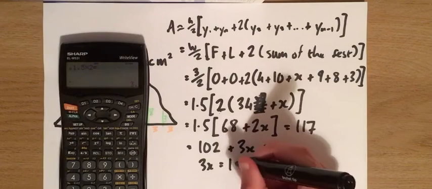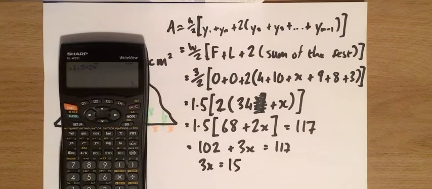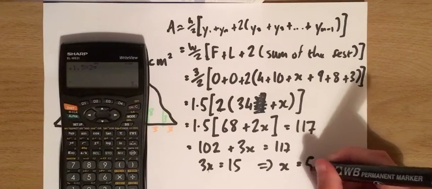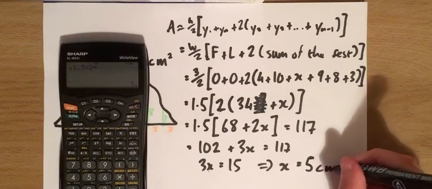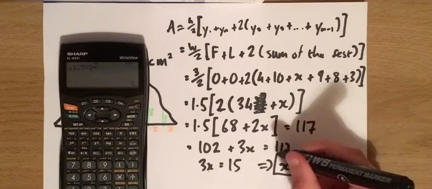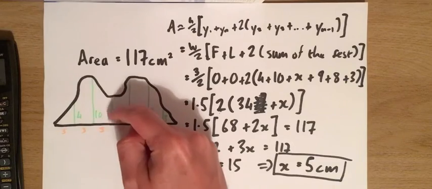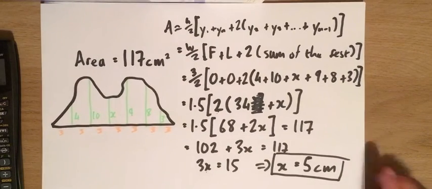I'm just going to not write it out in full just to save the space. So 3x then is equal to 15. So divide both sides by 3. 15 divided by 3 is 5. So 5 centimeters is your answer. Does it make sense? It's this height here. So yes, absolutely 5 centimeters seems like a reasonable answer for that one.